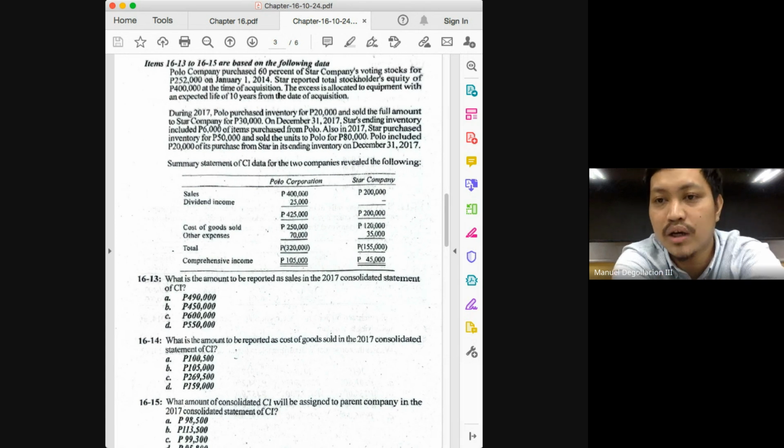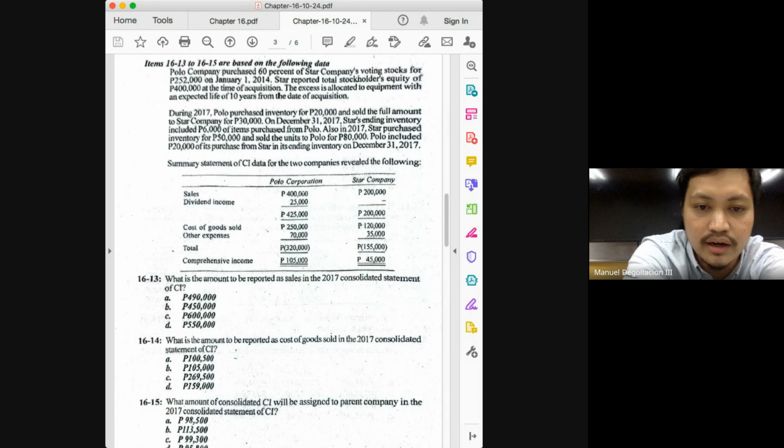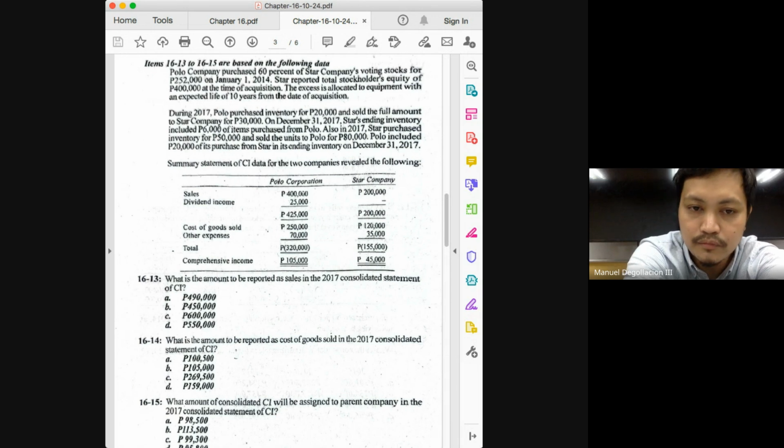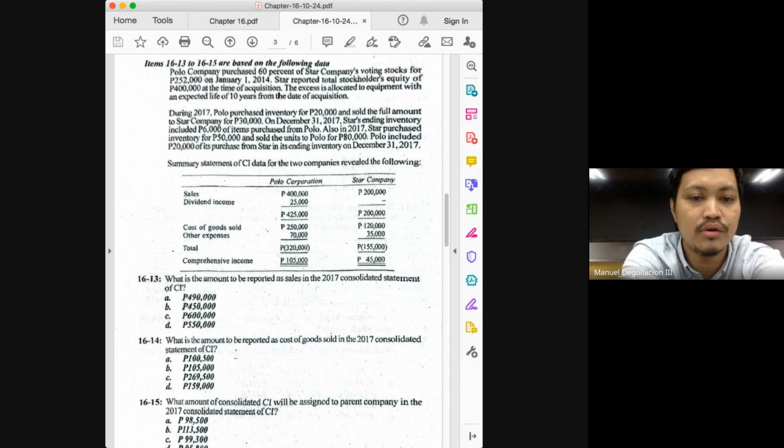So in this case, it was the 20,000. Just get the markup on the 20,000. How much is the markup on the 20,000? 7,500. So 45,000 minus 2,000. Markup on ending is minus, so that would be minus 7,500.